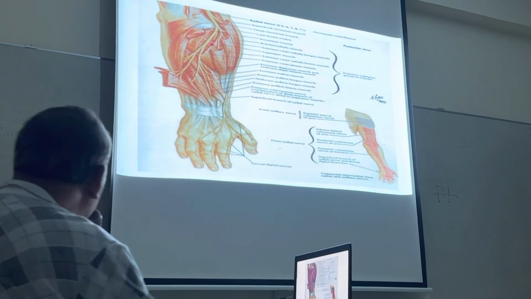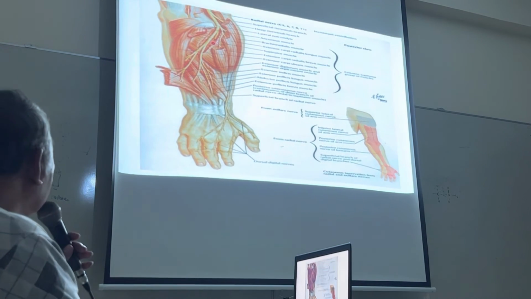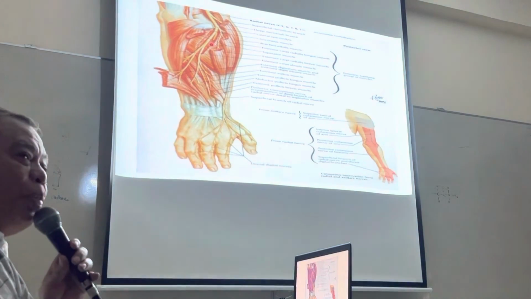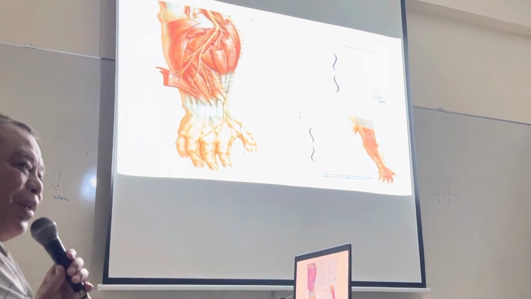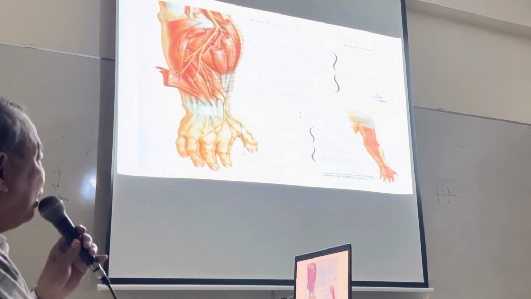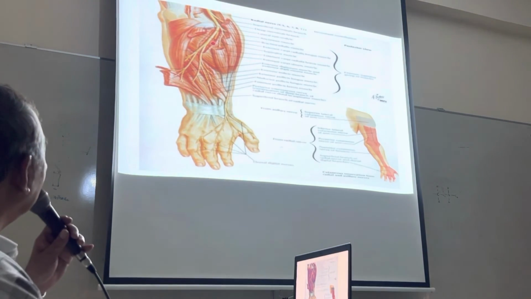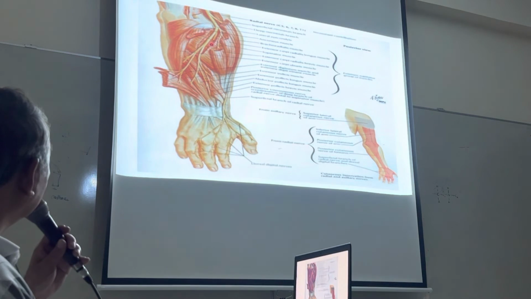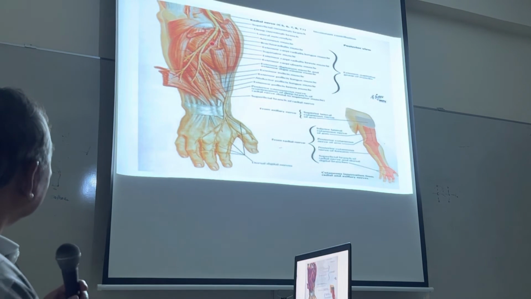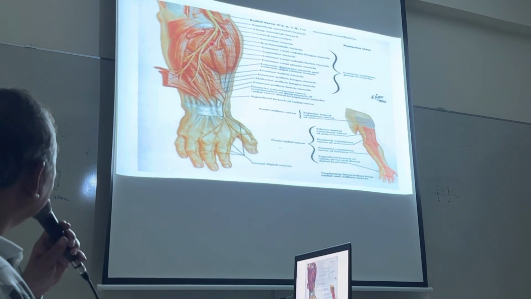Supinator. So it will pierce the supinator to enter the posterior compartment of the forearm, and supply the muscles of the posterior compartment of the forearm. Okay?